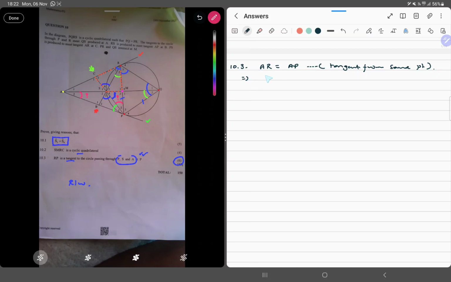We can say this implies that angle P1 plus angle P2 as a unit is equal to angle R1 plus angle R2. Those, don't forget the caps, as a unit. What is that? These are angles opposite equal sides in triangle ARP.